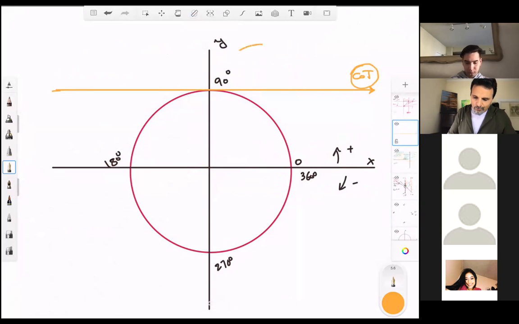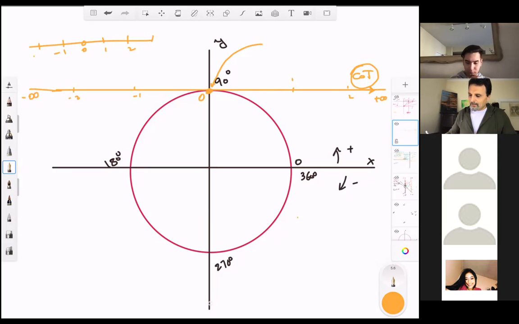This is like a number line. This is 0, and on the number line we have 0, 1, 2, 3, -1, -2. So it's exactly the same: 0 here, then 1, then 2, then it goes to positive infinity. Here we have -1, -2, going to negative infinity.